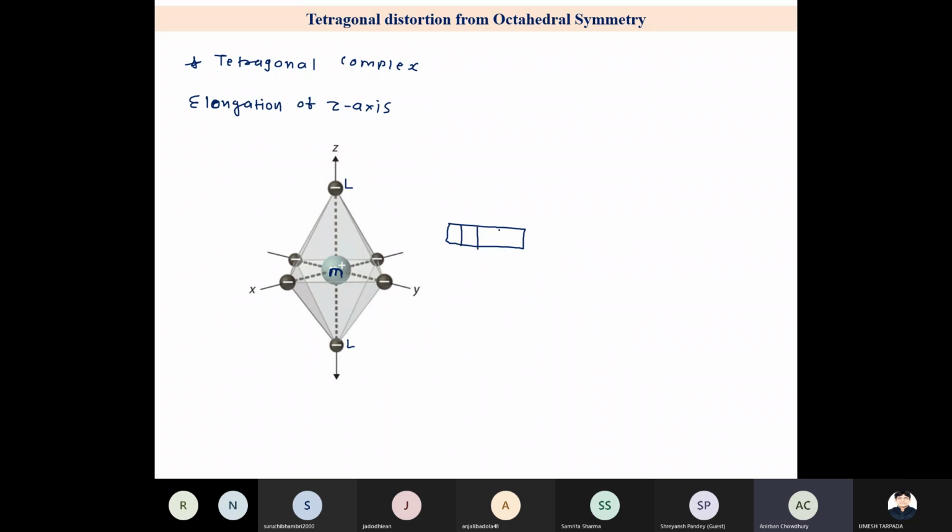See, this is your normal 5d orbitals in a free metal ion state. Now what happens?